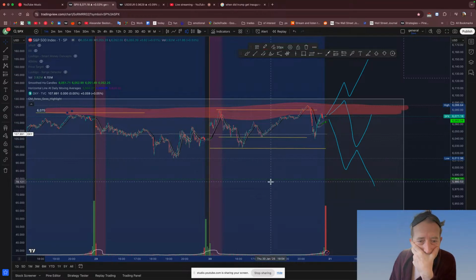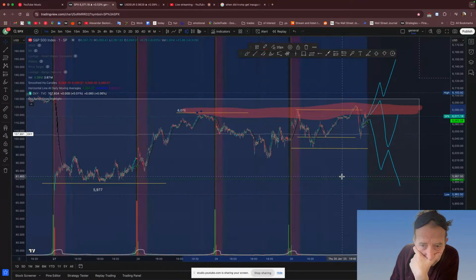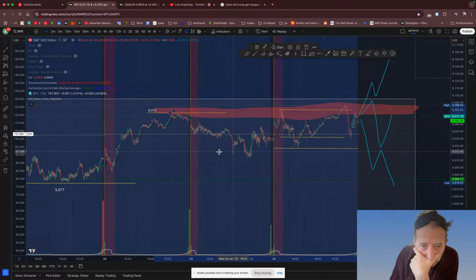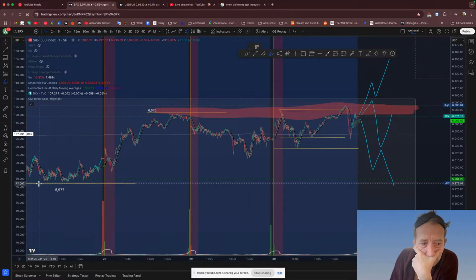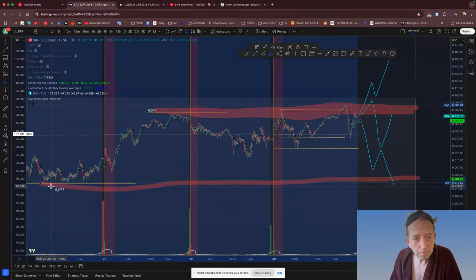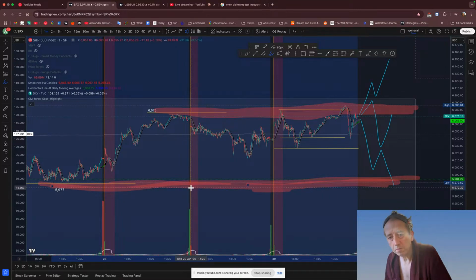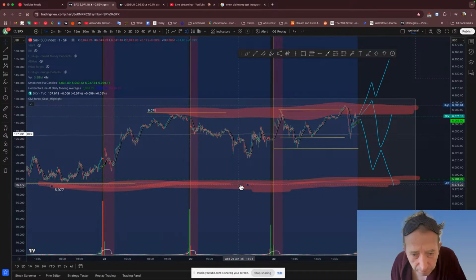And then, as of 3 days ago, there was a resistance line. Not sure where that is, but let's say it is. There's one here, somewhere around here.